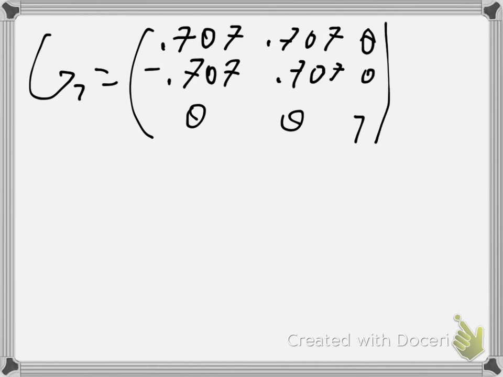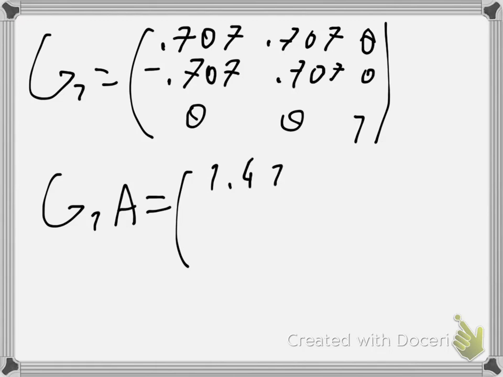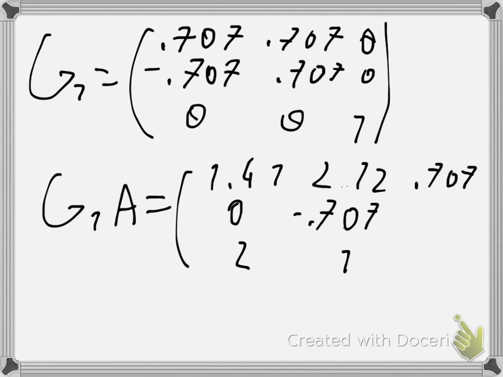And so if we apply it to A, we will get, so you can do the computation if you want, we will get this matrix here. So here is just matrix multiplication, minus 1.707 and 0. Okay, this point here.